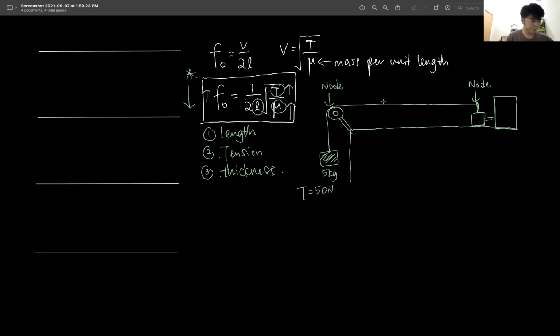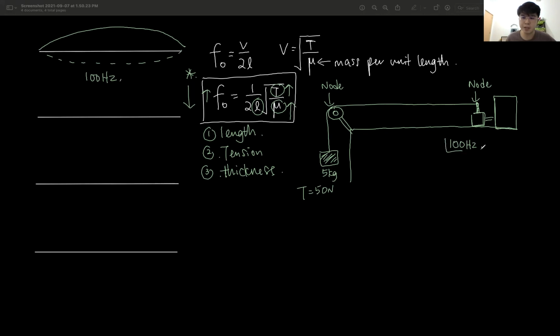Okay, so let's come back. The thing about this experiment setup is that I can control the frequency of vibration. If I want to create the fundamental mode, let's say the fundamental mode has a frequency of 100 hertz, then I adjust the frequency generator to 100 hertz, and I will get the pattern here.